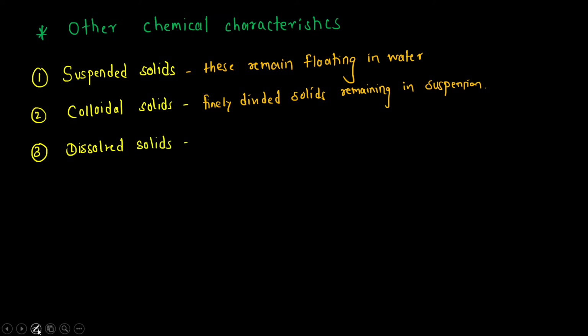Can we see the dissolved solids? No, we cannot see them because they are dissolved in wastewater. So based on the size, which of these three is largest in size? Suspended is largest, and dissolved is lowest. The range of the size is given in the water supply engineering video, so you can read it from there.